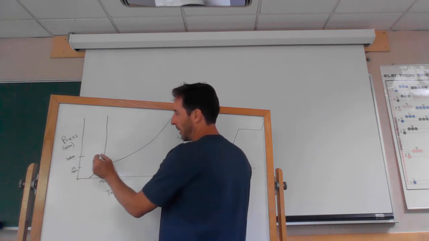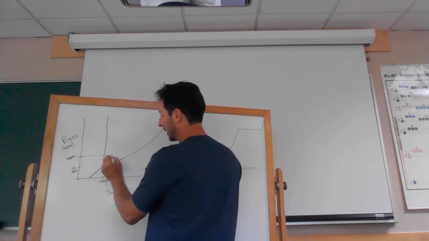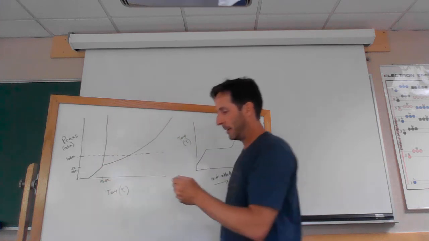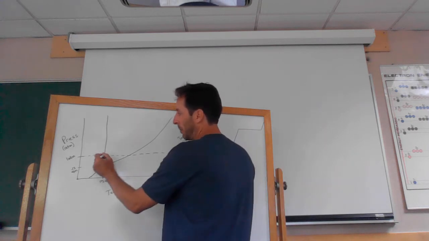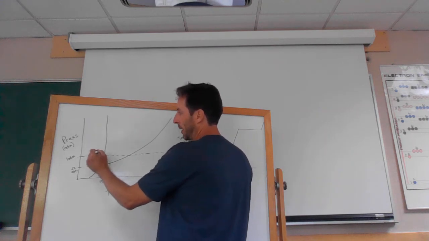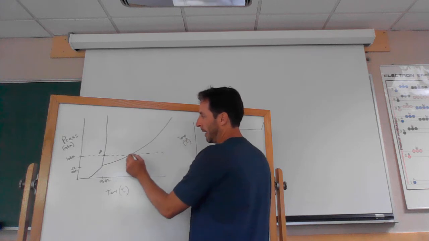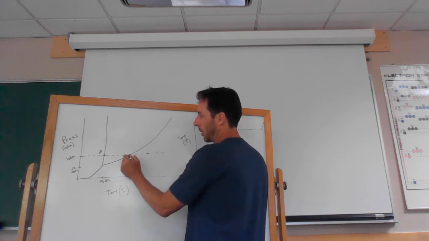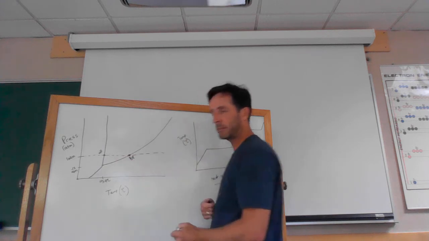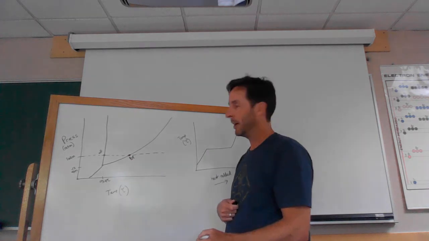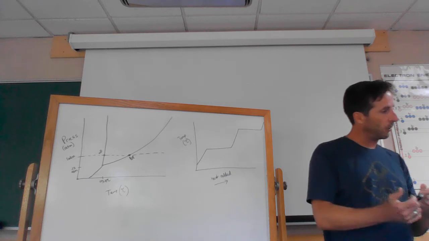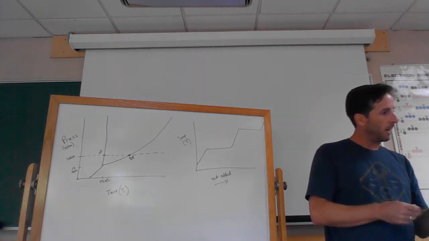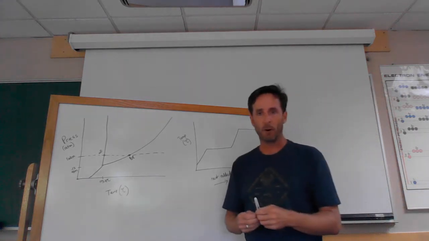If I go across right there, that's where my heating curve is going to come from in a little bit. But the point right there, that's going to be the melting point. And then the point right here is going to be the boiling point. Okay, now if I go down, my melting point, it tells me the melting point of iodine is 113.4.